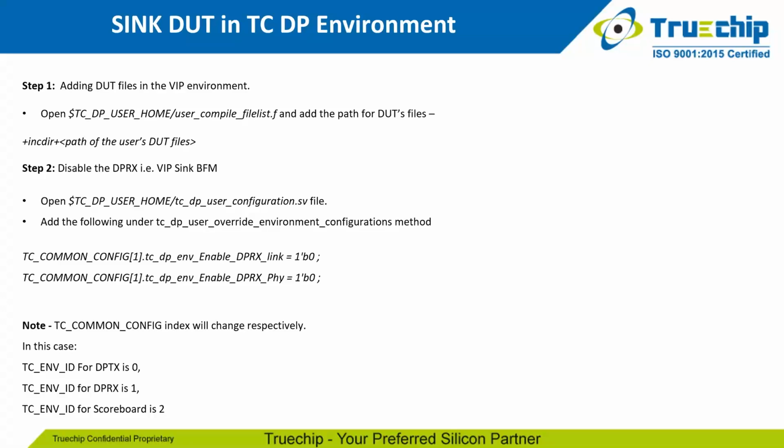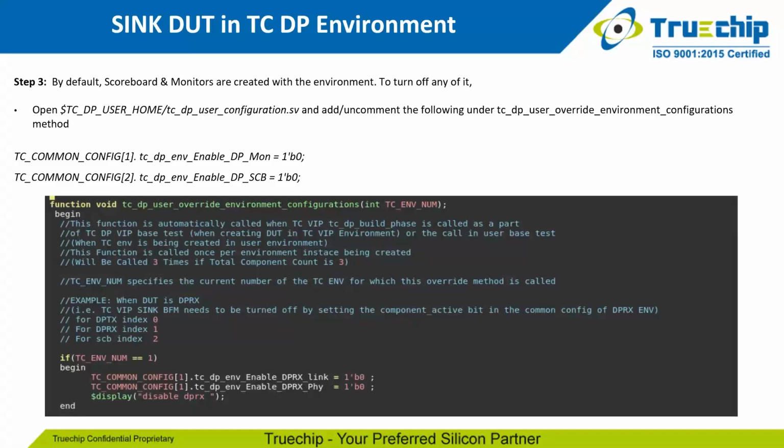In this case, TC environment ID for DPTX is 0, TC environment ID for DPRX is 1, TC environment ID for scoreboard is 2. Step 3. By default, scoreboard and monitors are created with the environment.